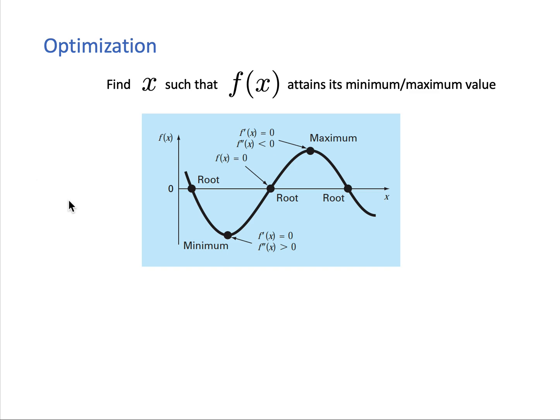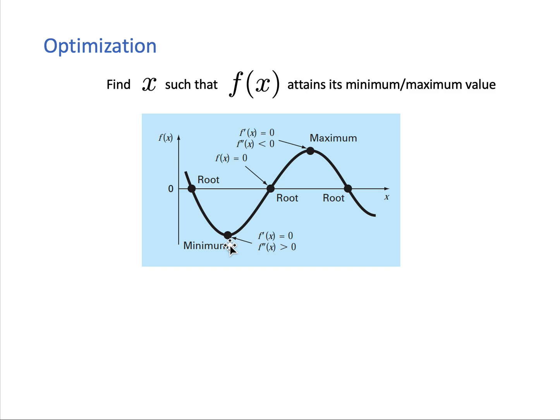For example, let's say we have a function f of x of one parameter, right? x is the independent variable, or in this case, the parameter that we're seeking, and we want to find the value of x such that f of x attains its minimum value, or in some cases, we would like to find the maximum value, right? So this is why we refer to minimization or maximization problems. Both of them are optimization problems.